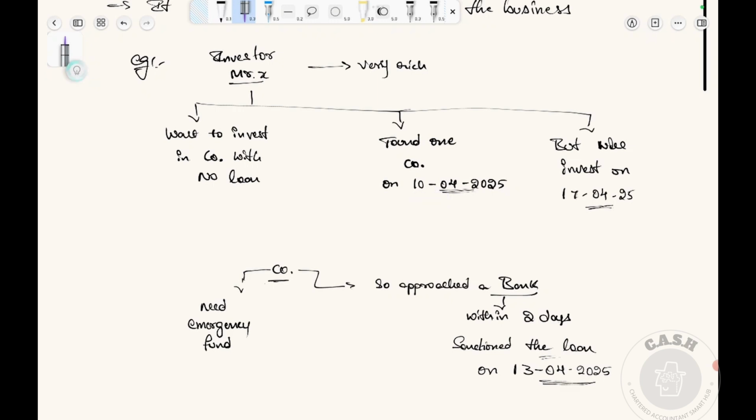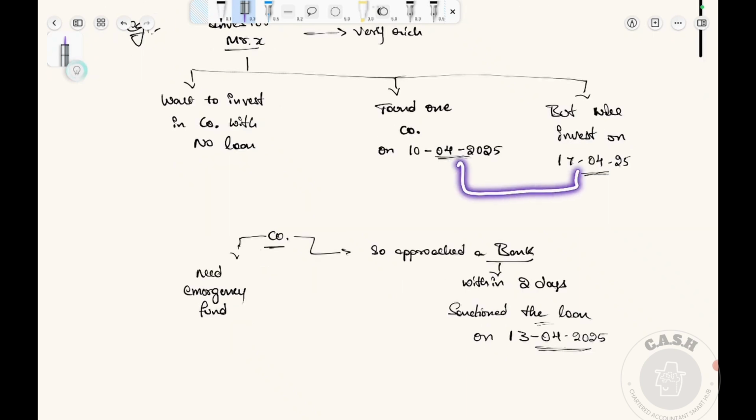But due to some personal reason, he said, I will invest on 17th of April 2025. Between these days, the company wanted an emergency fund. So it approached a bank, and the bank, after verifying all the paperwork, sanctioned the loan and deposited the money in the company's current account on 13th April 2025.